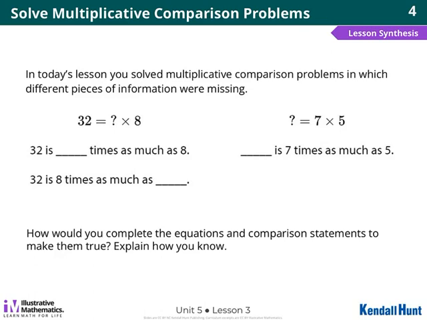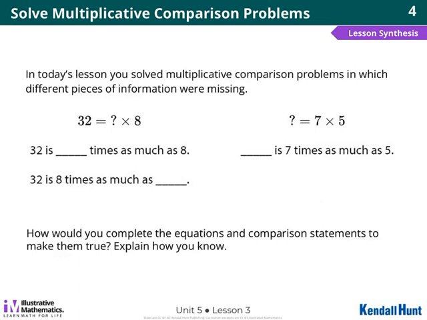All right. In today's lesson, you solved multiplicative comparison problems in which different pieces of information were missing. So, 32 is blank times as much as 8. What would you put in the blank?